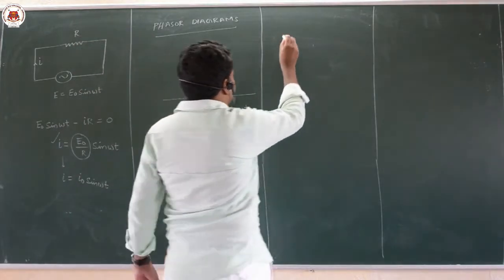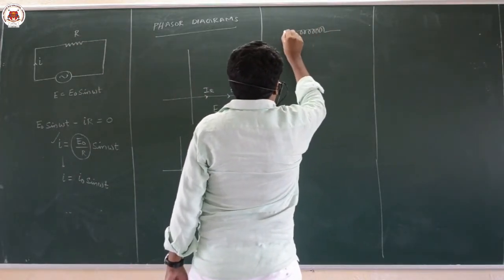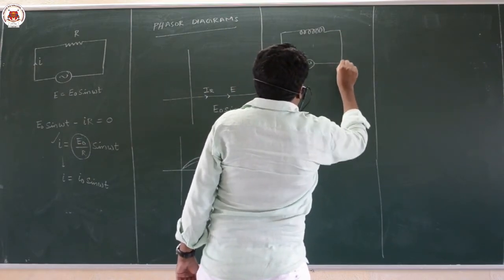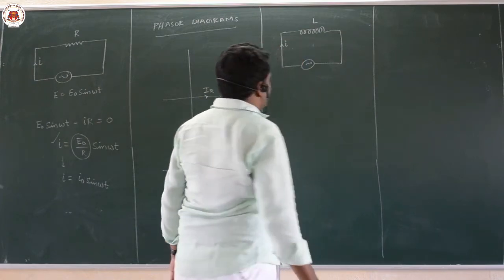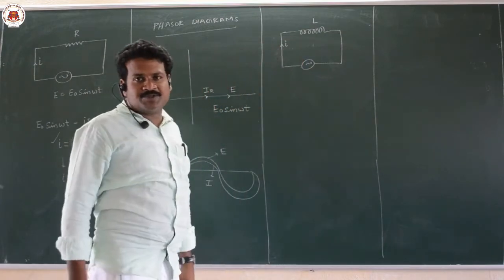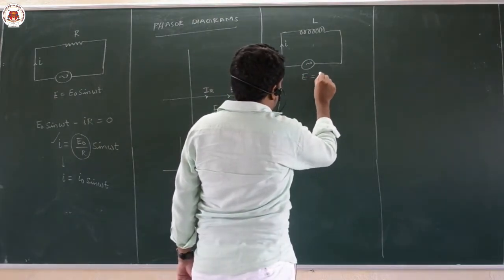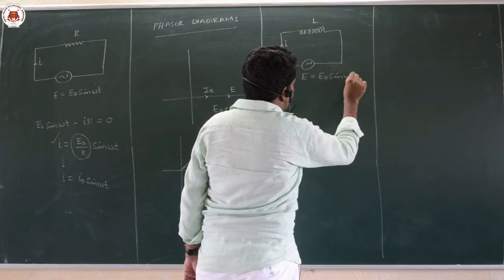This is the symbol of an inductor. I have taken an inductor of inductance L connected to an alternating source. The applied EMF is E is equal to E naught sin omega t.